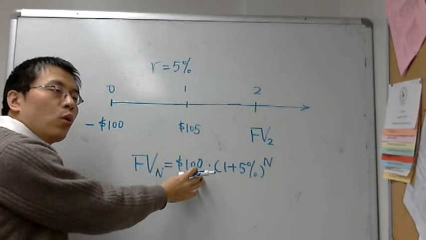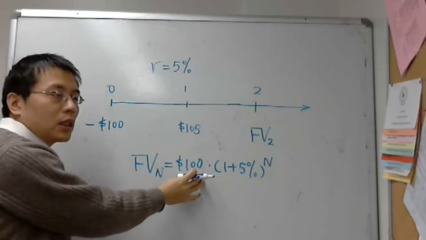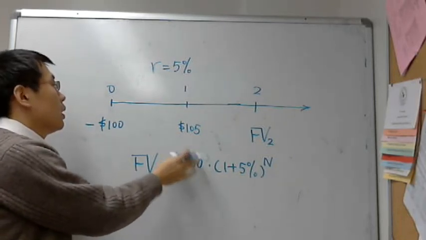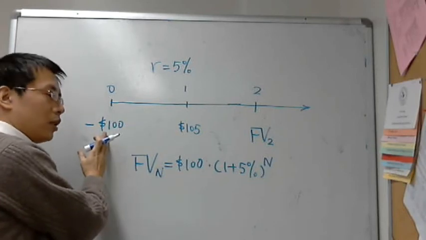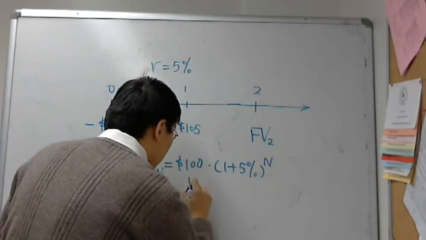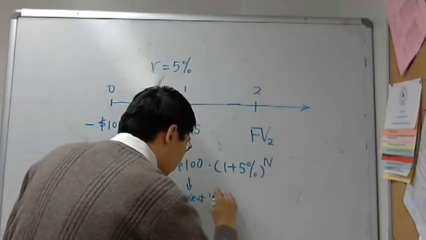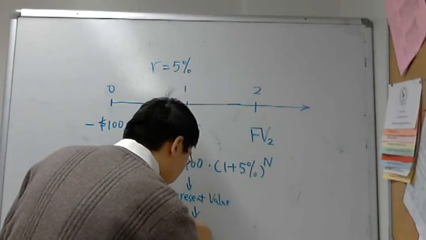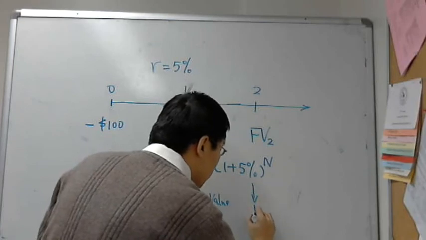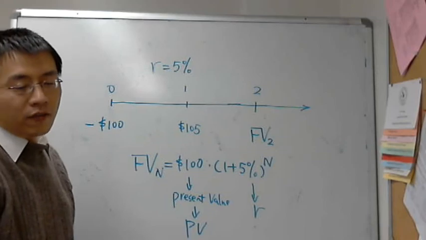Now I'm going to replace the numbers with letters. The initial $100, we know it's called the principal. Actually, in finance, we call it present value. This is the beginning of the account, the number on the very left of this timeline. So we call it present value, or PV. This is the interest rate. We know this is the R, interest rate. The N represents the number of investment periods.